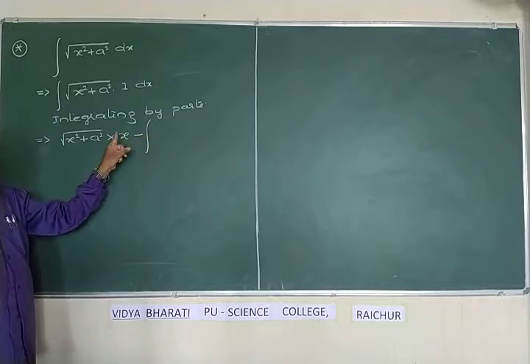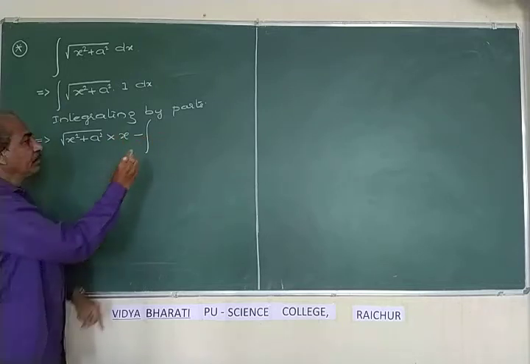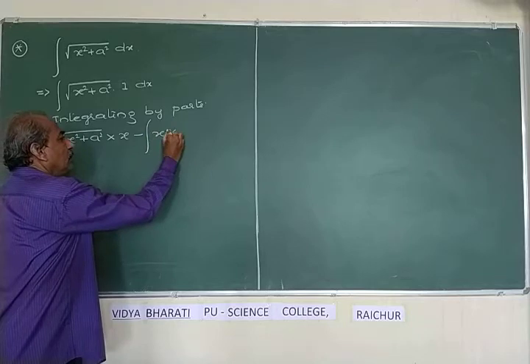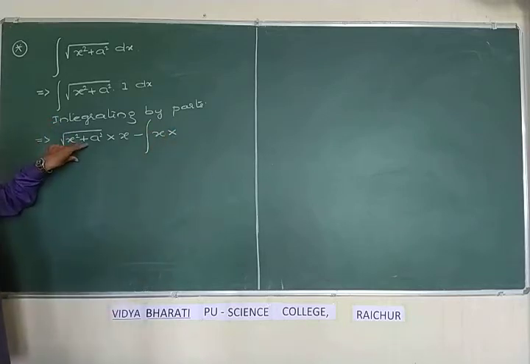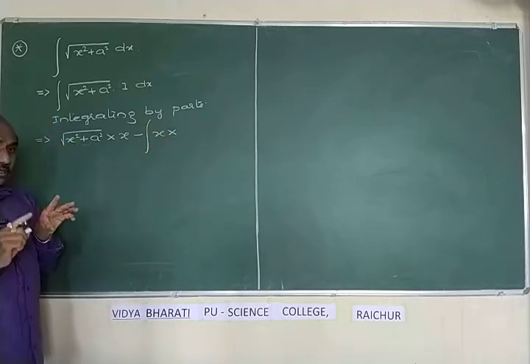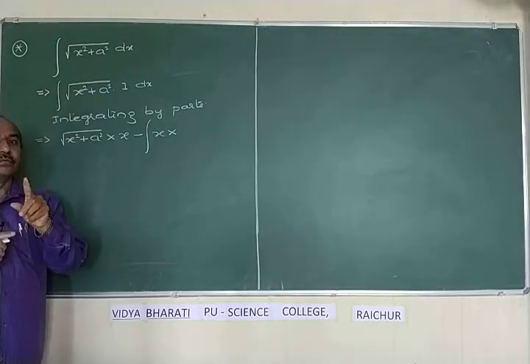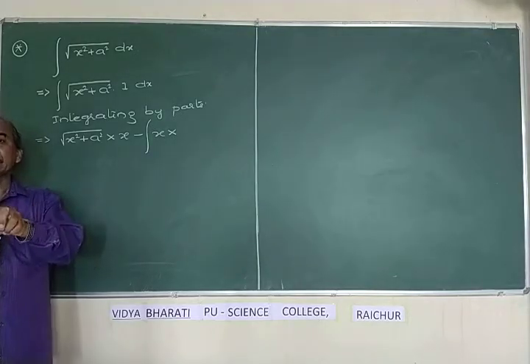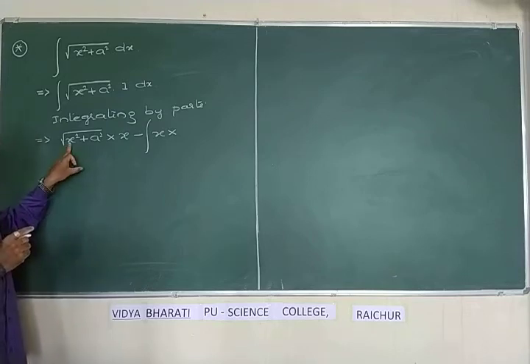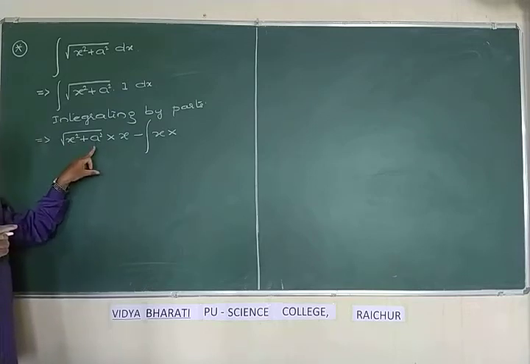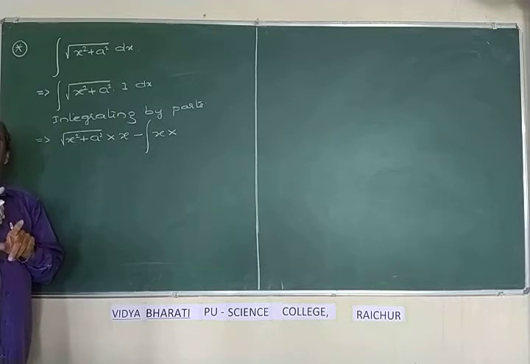as it is you take under the integral sign, same thing. So x into differentiation of the first. The general formula for the differentiation of root x is 1 by 2 root of x, but instead of x you have x square plus a square, which should be differentiated again.